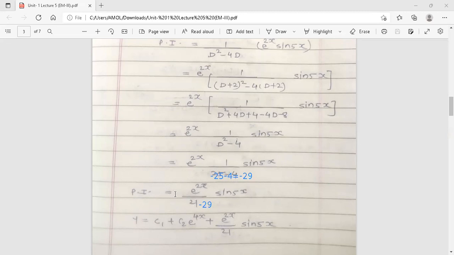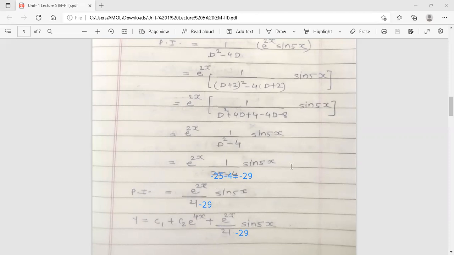So here PI is e raised to 2x upon minus 29 into sine 5x, because we have replaced D square by minus 25.